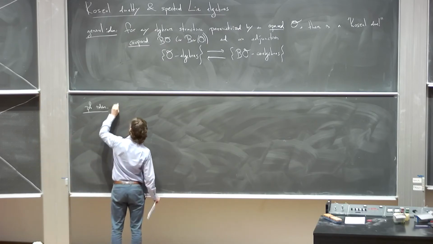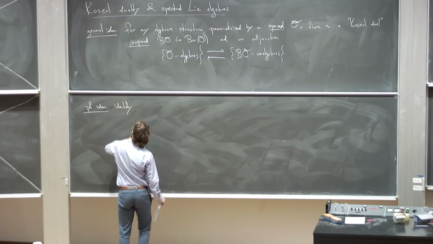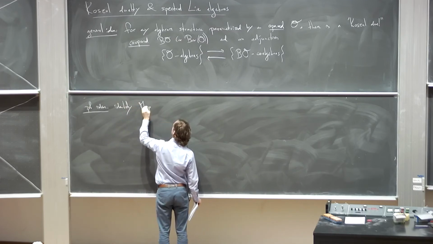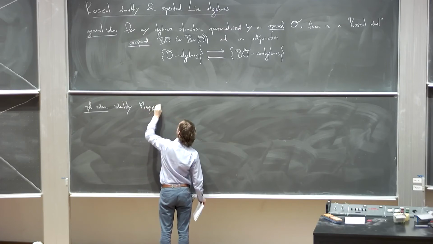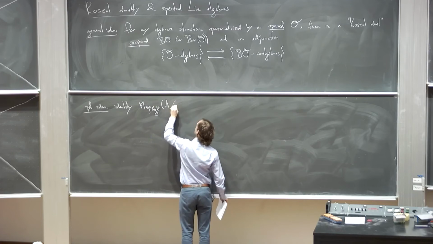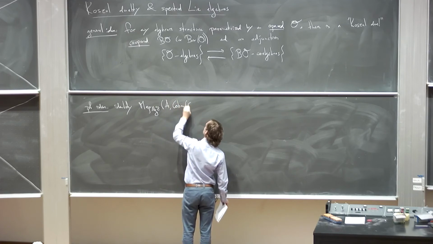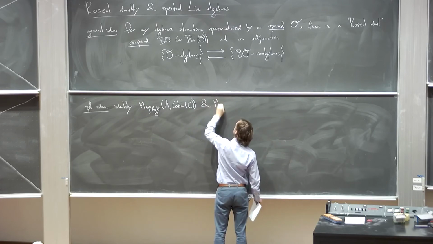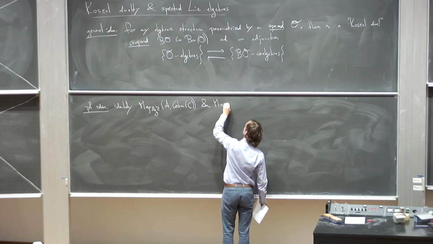To prove that there exists such an adjoint pair, you identify both of these spaces. So you identify maps of augmented algebras between A and cobar C, and maps of coalgebras.